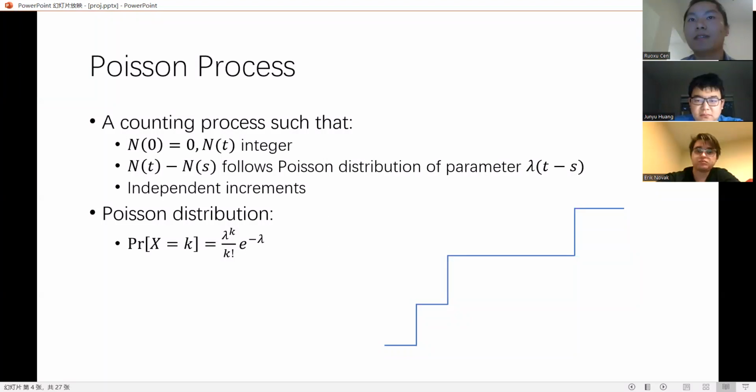Recall that the Poisson distribution takes values in integers, so this models the occurrence of an event at random times, coming one at a time. The time gap between two occurrences follows an exponential distribution, and the increments are independent. So this is a good case.